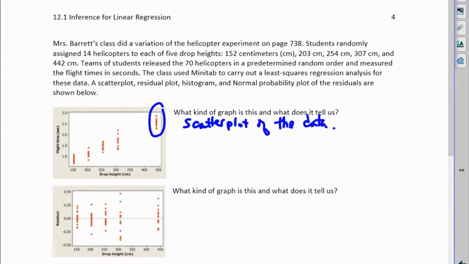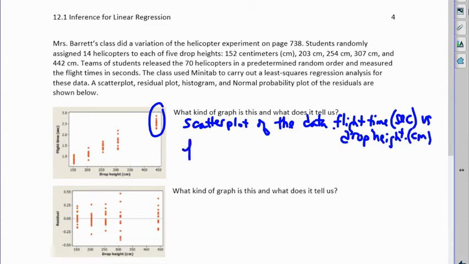And so what are they trying to determine here? This is flight time in seconds versus drop height in centimeters. Okay, so what is this trying to decide?